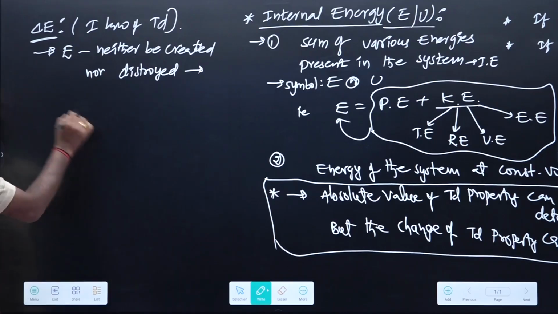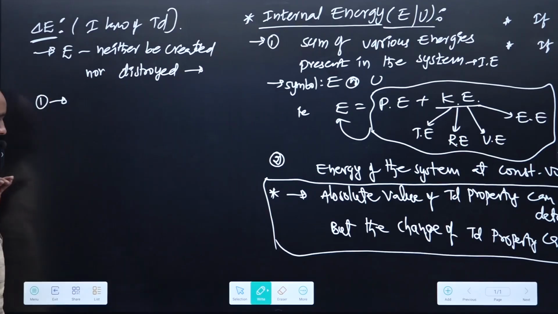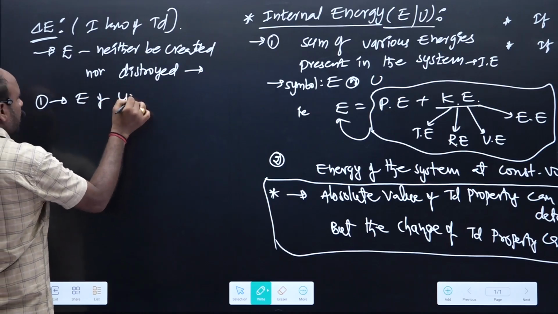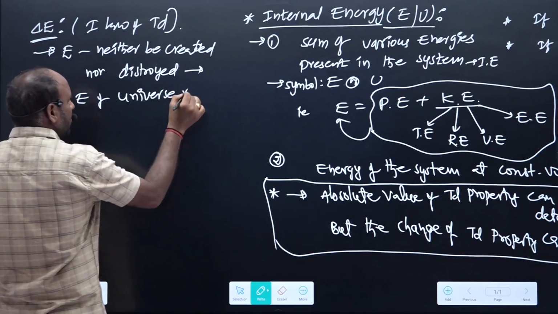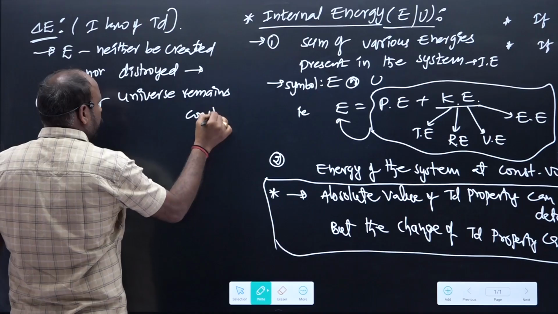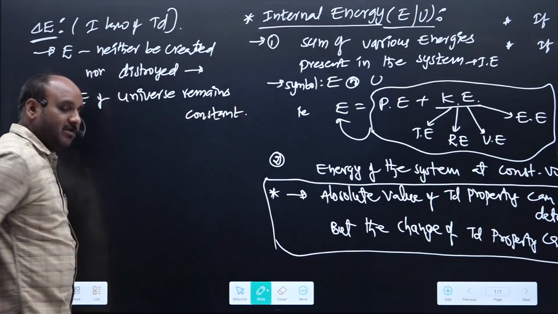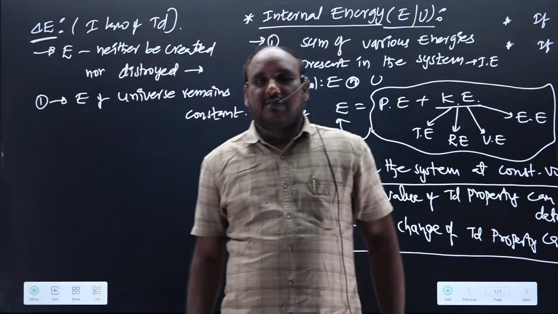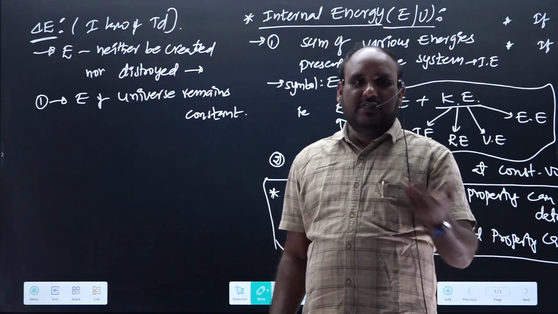Another two statements will be there. The first statement: energy of the universe remains constant. This is also called the first law of thermodynamics. Energy of the universe remains constant because we are not creating energy and not destroying energy.